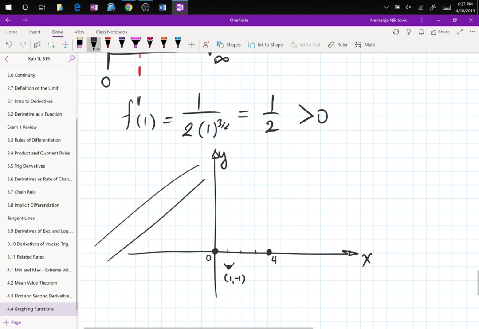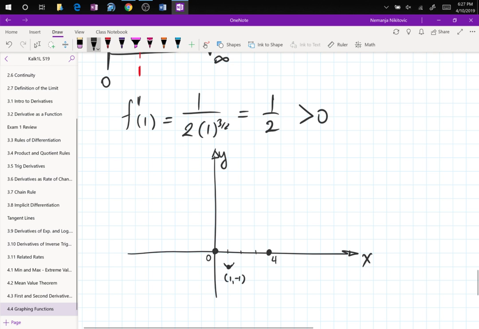I know that there is nothing that lives this way, so I don't have to worry about it. Domain killed the entire thing. You don't have to shade it. I'm just telling you I'm killing the entire region over here. So my function begins at 0, 0, right? That's the emerging point.